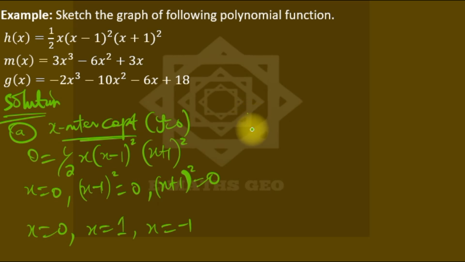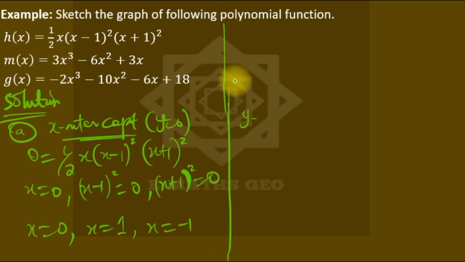To get the y-intercept, we should substitute x equal to 0. So wherever you see x, call it 0.